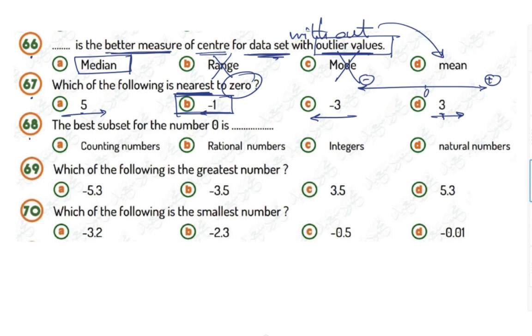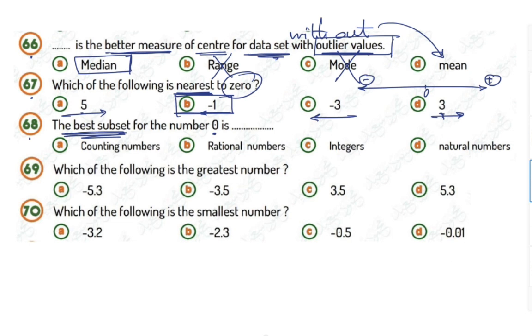Okay. 68. The best subset for the number 0 is what? We know what subsets we have. We have the smallest one. Write it down.